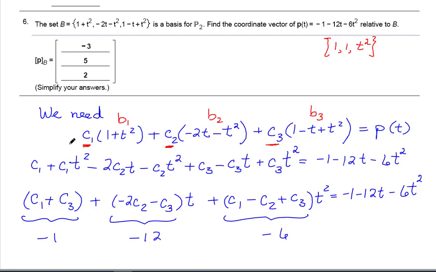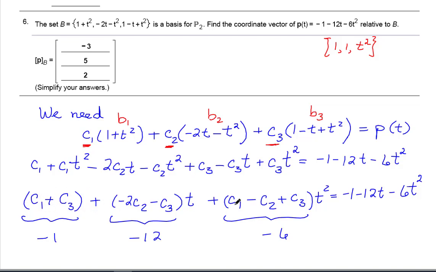So what I need to have happen is C1 times B1 plus C2 times B2 plus C3 times B3 to match up with my p of t that was given. So we distribute C1, C2, C3, and then it's just a question of matching things up.